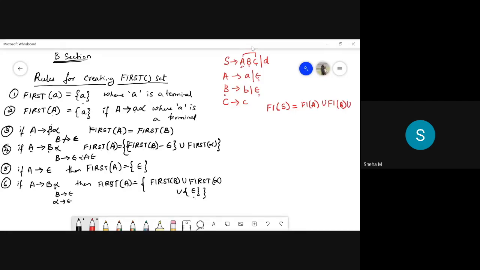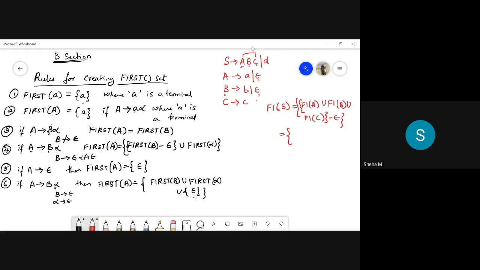So it is union first of C. But C is not deriving epsilon, so it is minus epsilon. If C was deriving epsilon, then we would have to include epsilon in the first set of S.